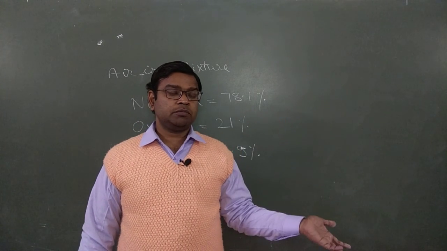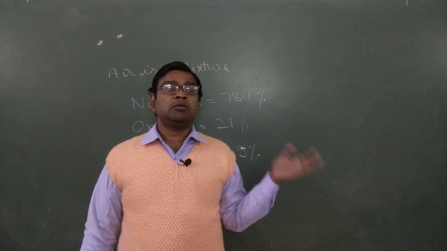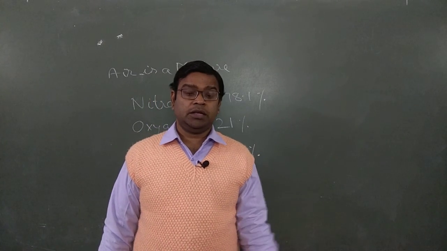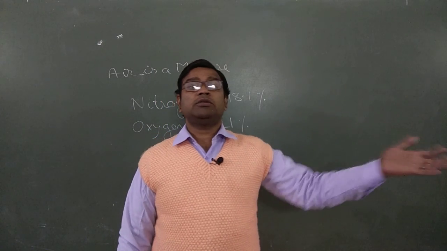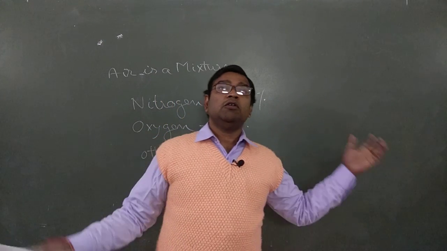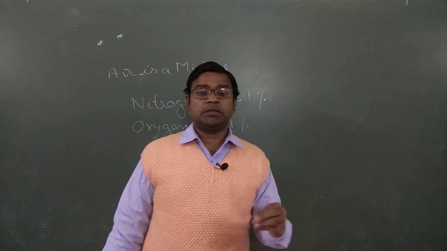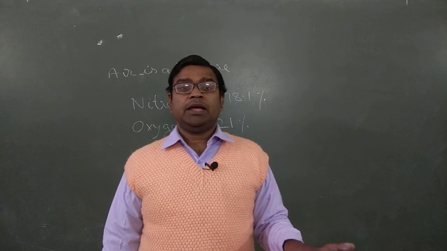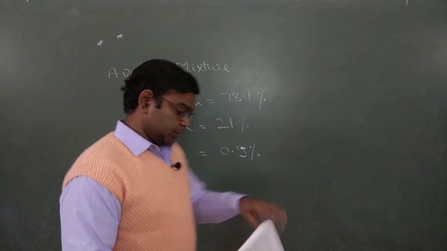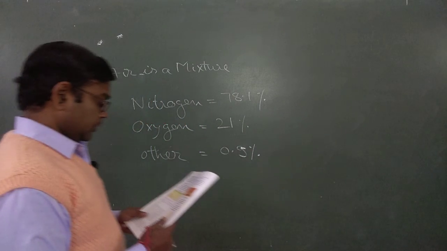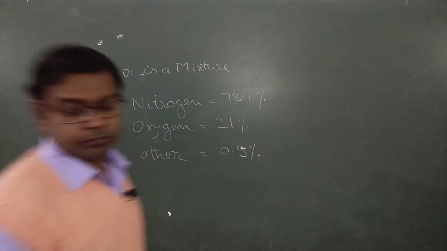Now think of the amount of oxygen and nitrogen present in air. It is a very large amount, so that every person can breathe easily on this planet. So these are the composition of air. Now we are going to discuss the different components of air.